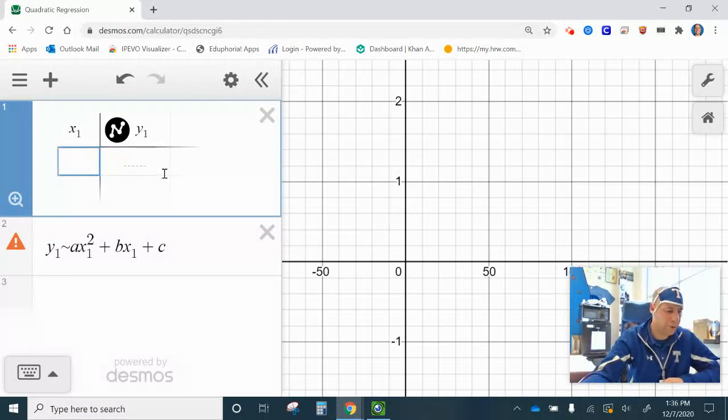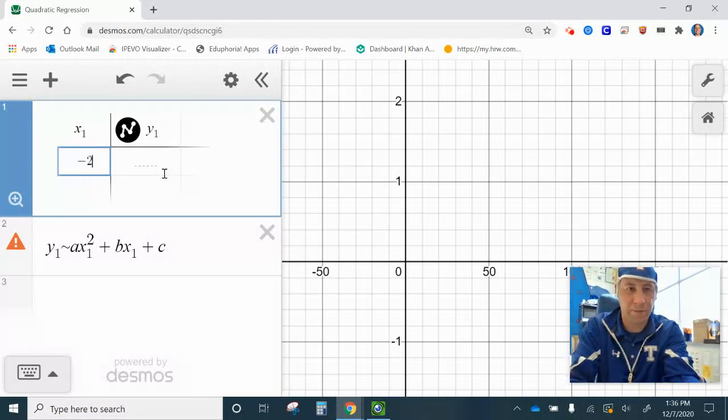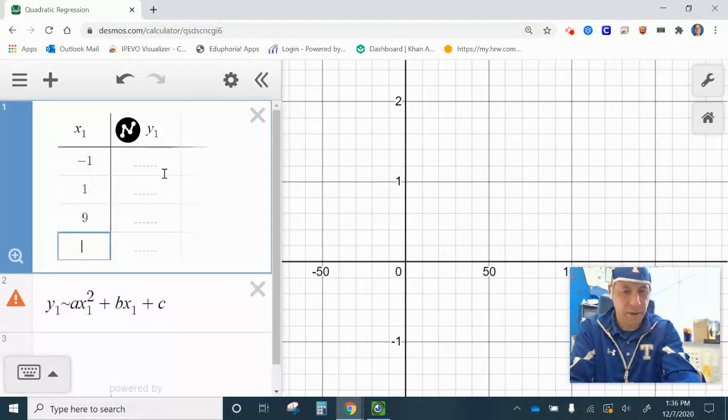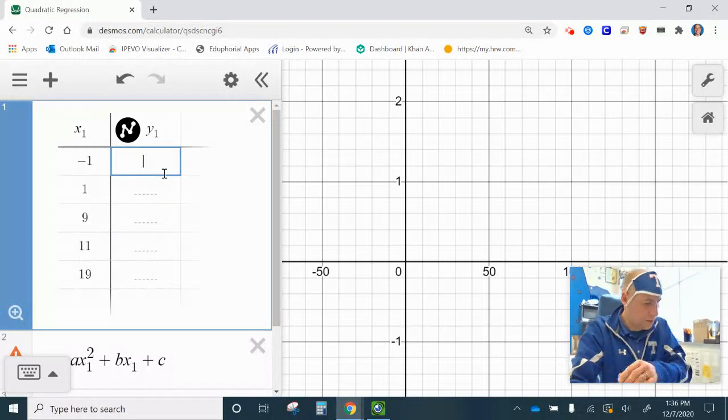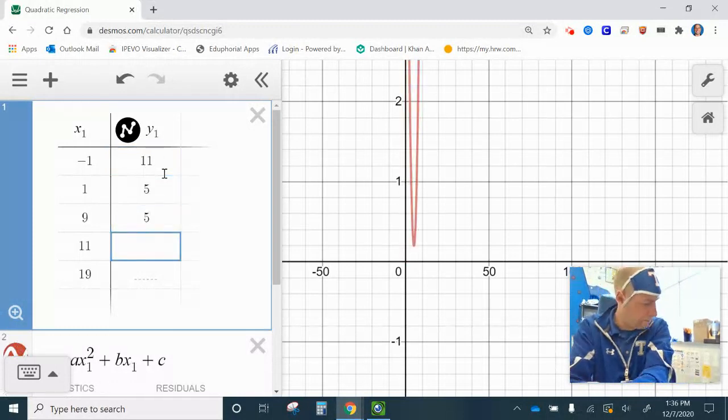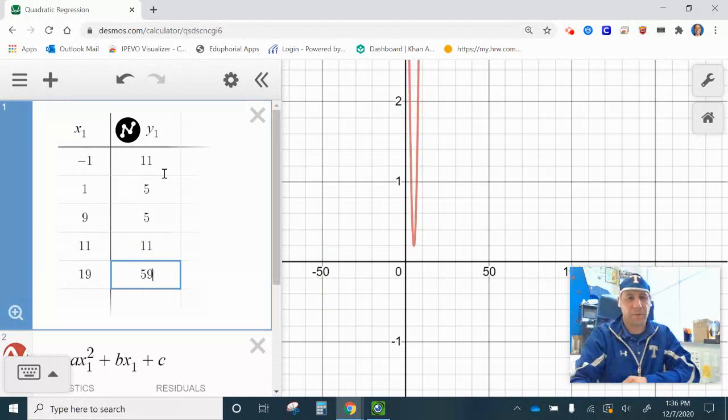Now we're going to put in our new values. Negative 1, 1, 9, 11, 19, 11, 5, 5, 11, 59.